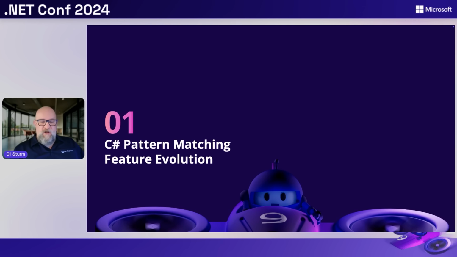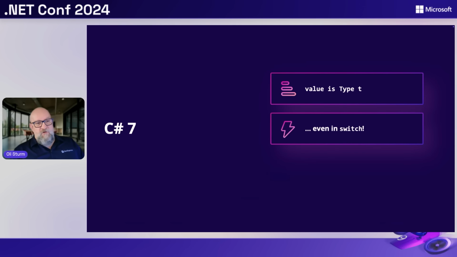Pattern matching as a feature set has evolved for a very long time, and I've prepared just a few slides to level the playing field so we all know what the standard feature set is. In C Sharp 7, things began with this simple value is type T expression, which at the time was interestingly well regarded by many people, but people mainly used it for simplifying null checks and casts.